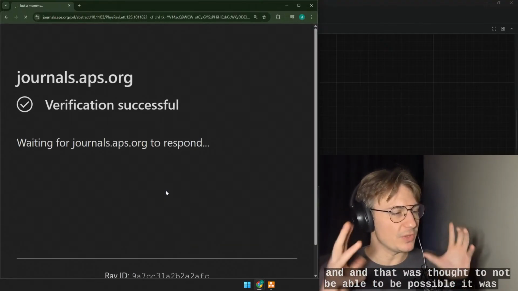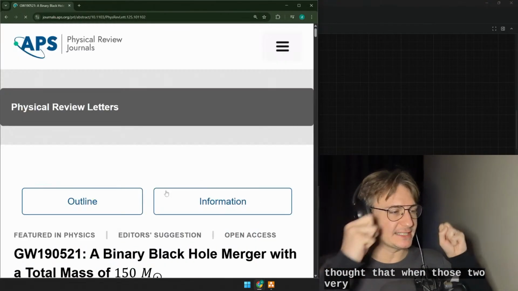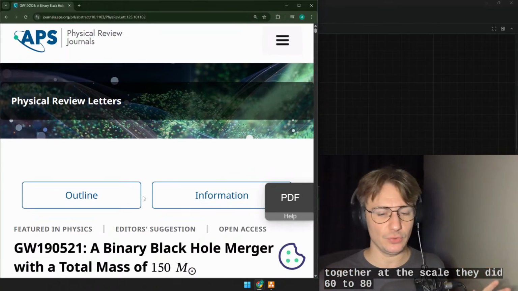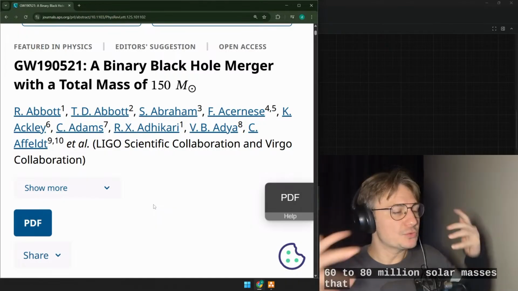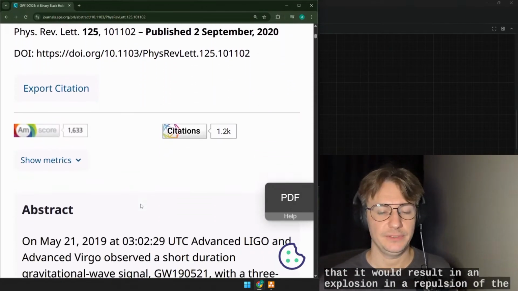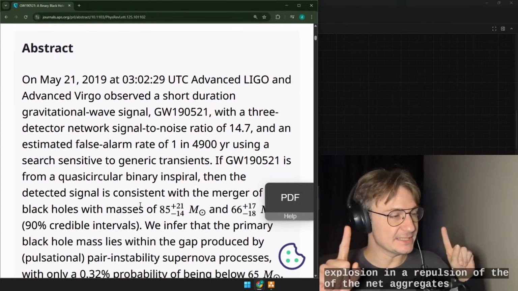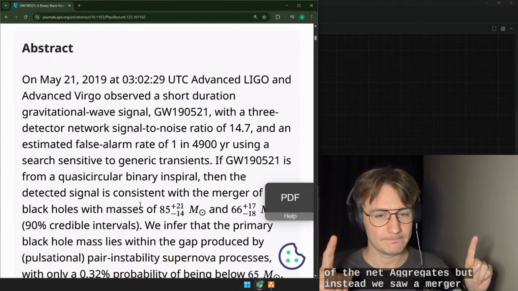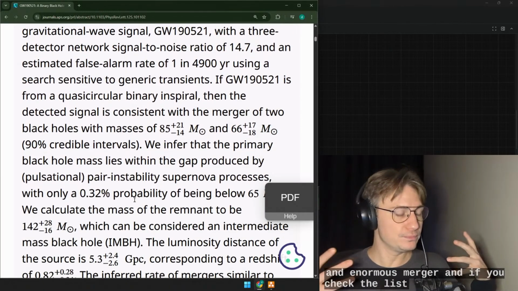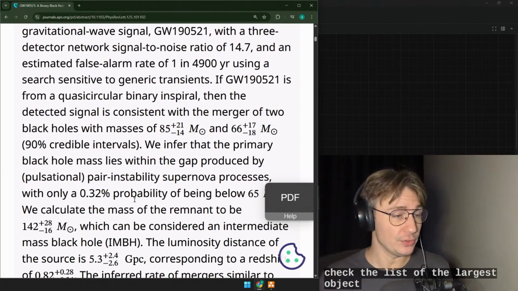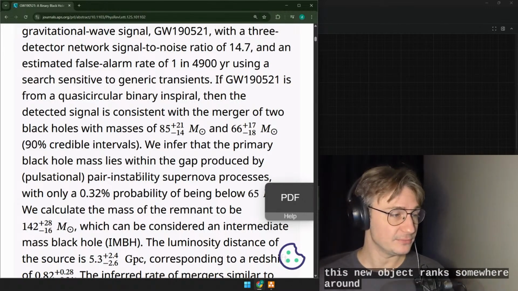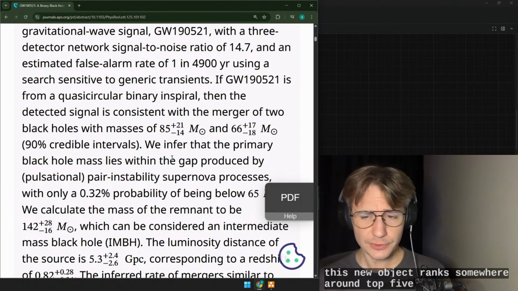It was thought that when those two very large entities came together at the scale they did, 60 to 80 solar masses, it would result in an explosion and a repulsion of the net aggregates. But instead, we saw a merger, an enormous merger. And if you check the list of the largest objects known in the universe, this new object ranks somewhere around top 5. So it's huge.